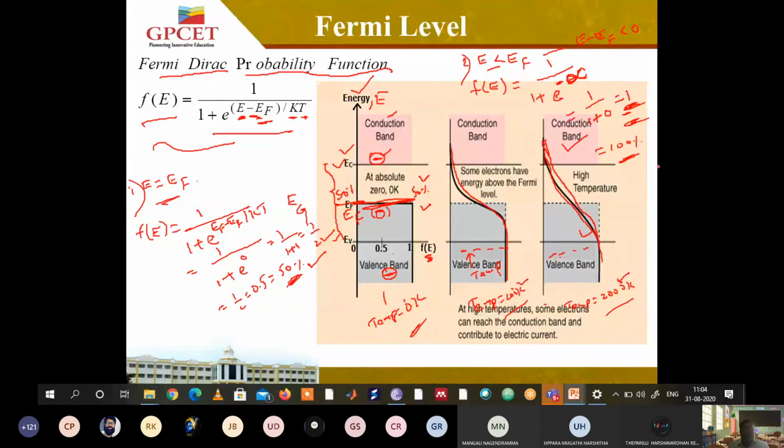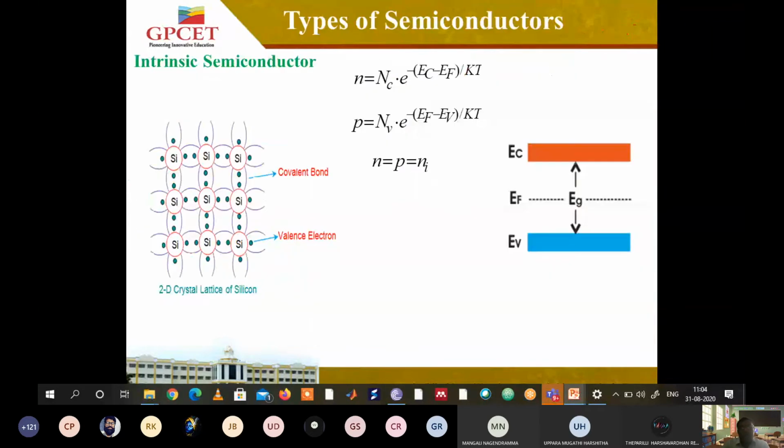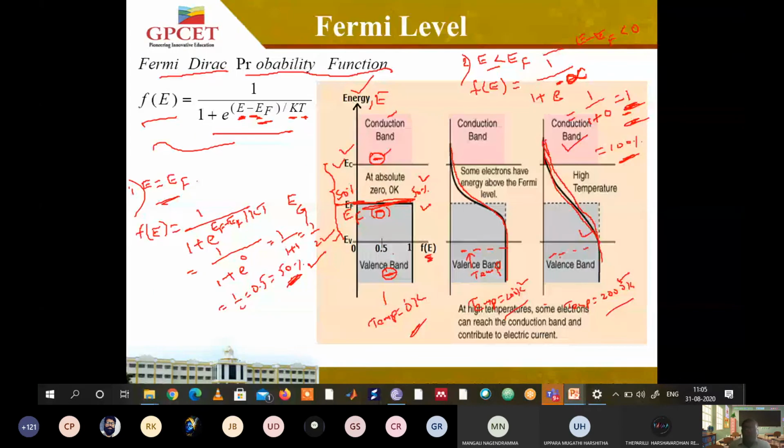third case. Can anyone tell me the third case? E greater than EF. The third case is E greater than EF.